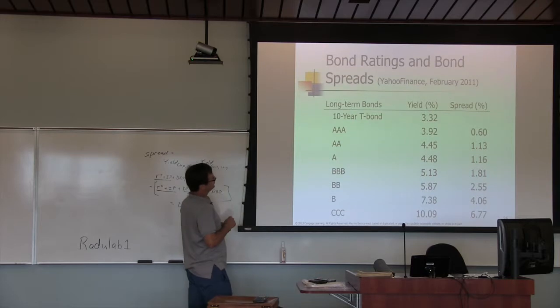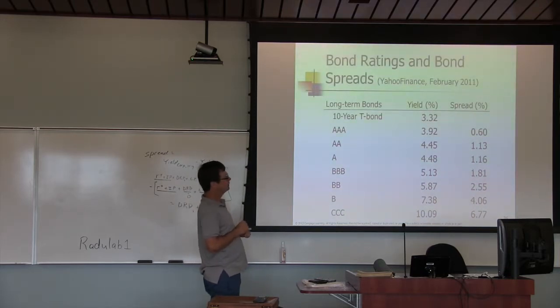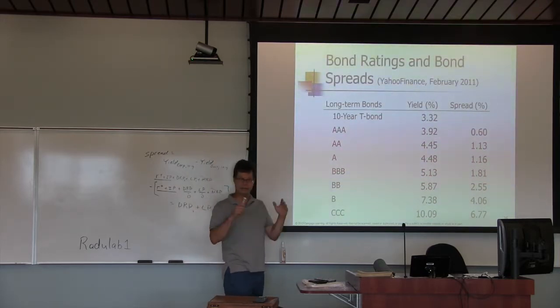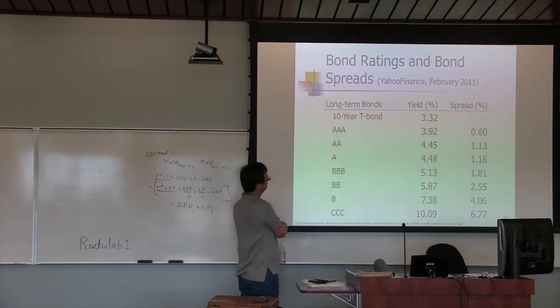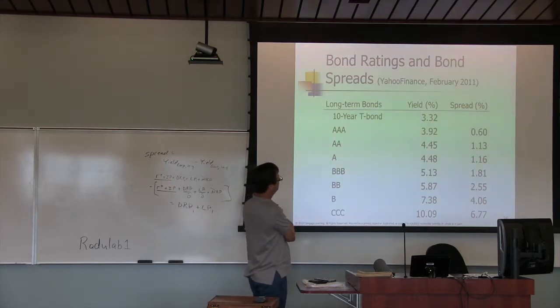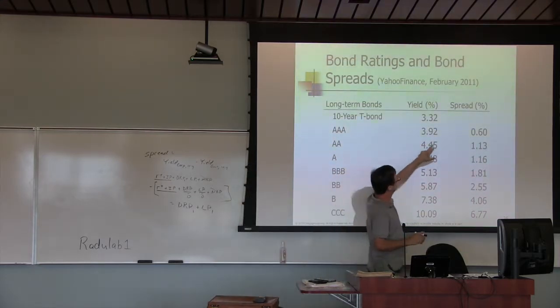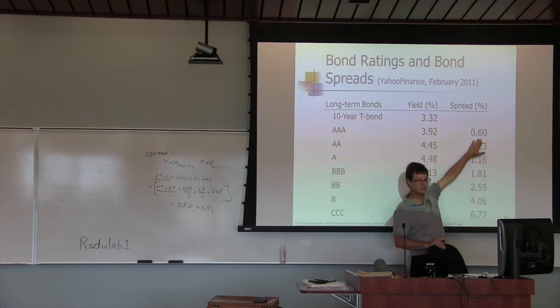We want to take a look at the spreads then at the 10-year horizon, and we want to see these different bonds. We can see here at 10 years it was about 0.6%, right? So that takes care of both the default risk and the liquidity risk premiums, right?